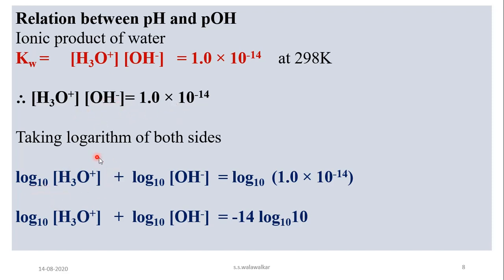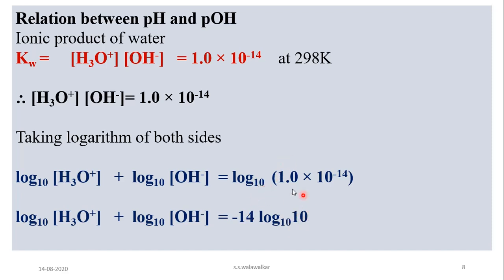Log to the base 10 of hydronium ion concentration plus log to the base 10 of hydroxyl ion concentration, and that is equal to log to the base 10 of 1 into 10 raised to minus 14, and that is equal to what? Log to the base 10 of hydronium ion concentration plus log to the base 10 of OH ion concentration is equal to minus 14 log to the base 10 of 10.